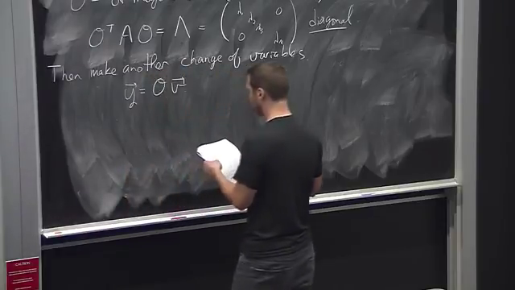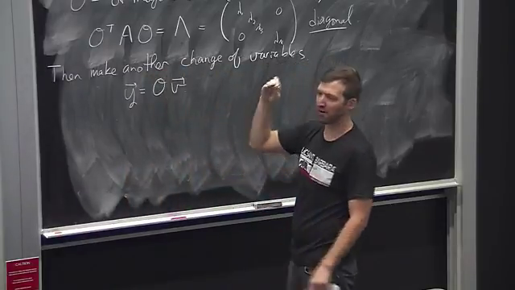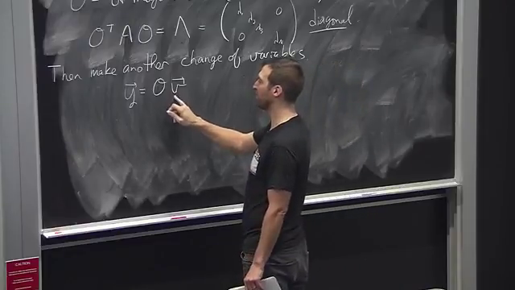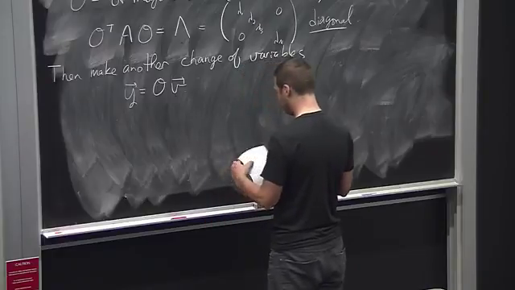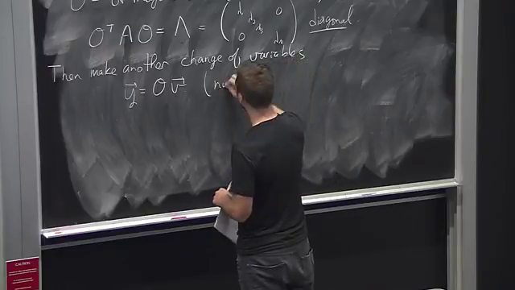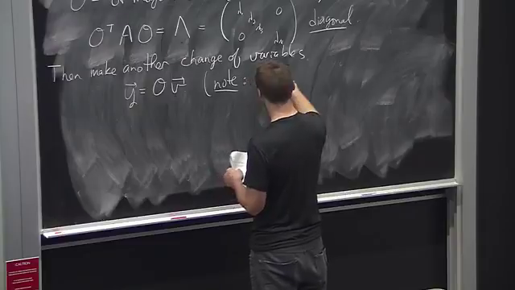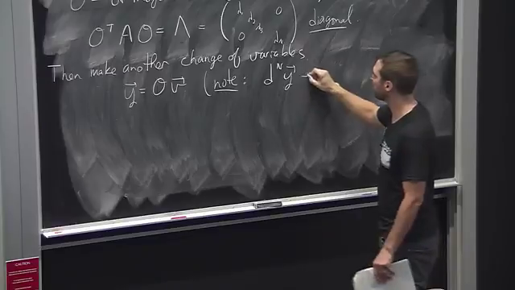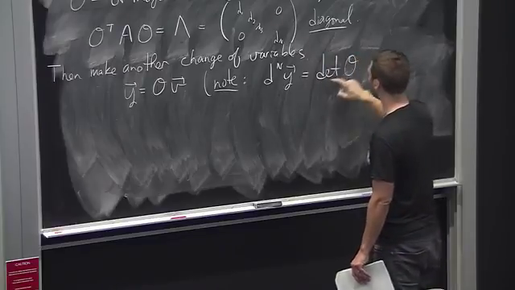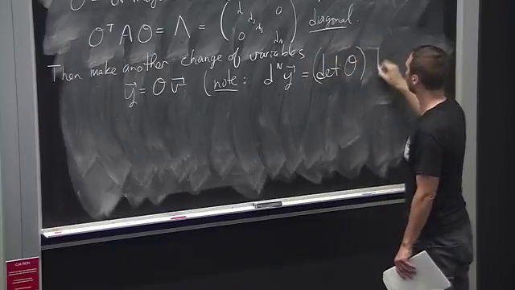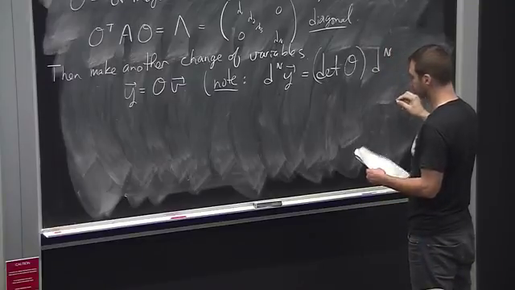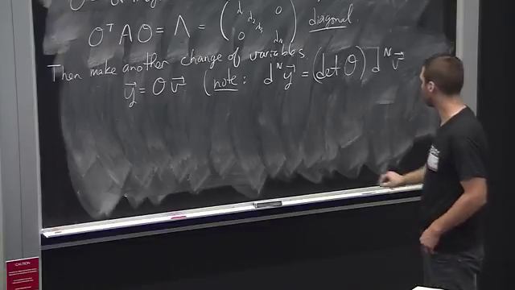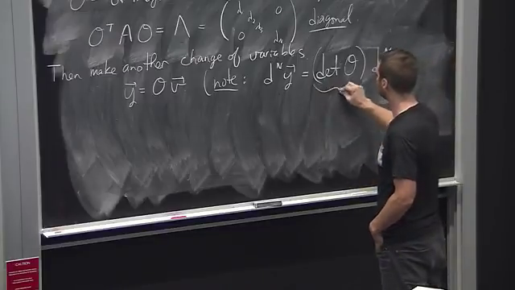We've gone from X to Y. Now we're going from Y to V, where when we multiply V by the orthogonal matrix, we get Y. And note, when we change those variables, we have to worry about the Jacobian, which is the determinant of that orthogonal matrix. Yeah, because it's n-dimensional. And since it's orthogonal, luckily this thing just equals 1.